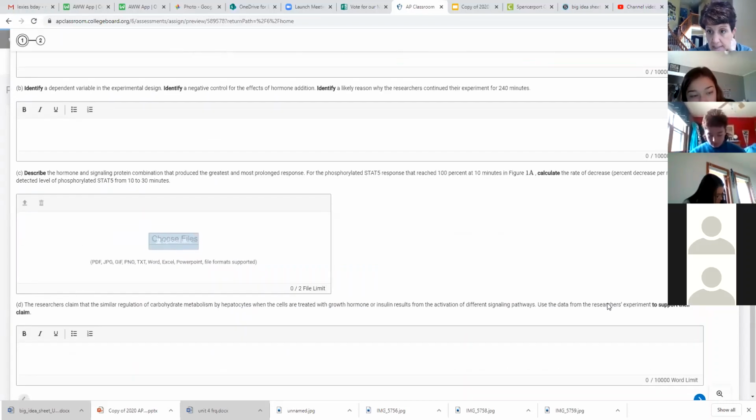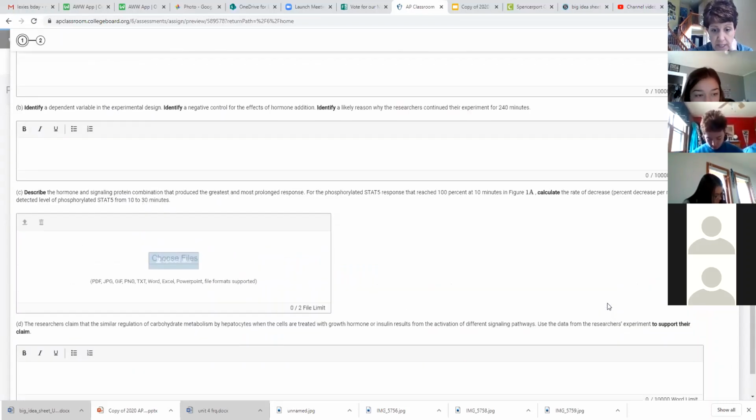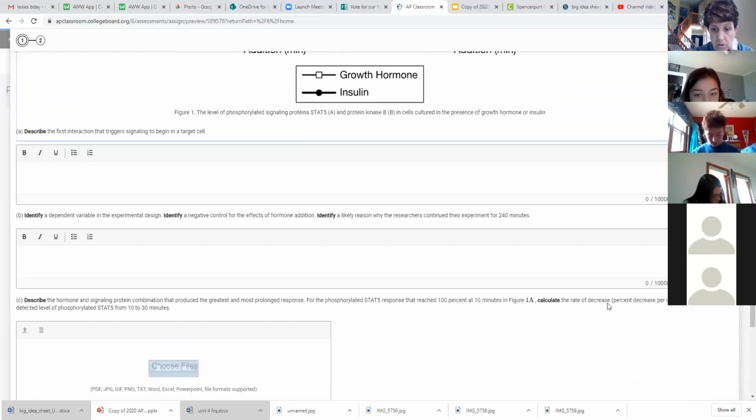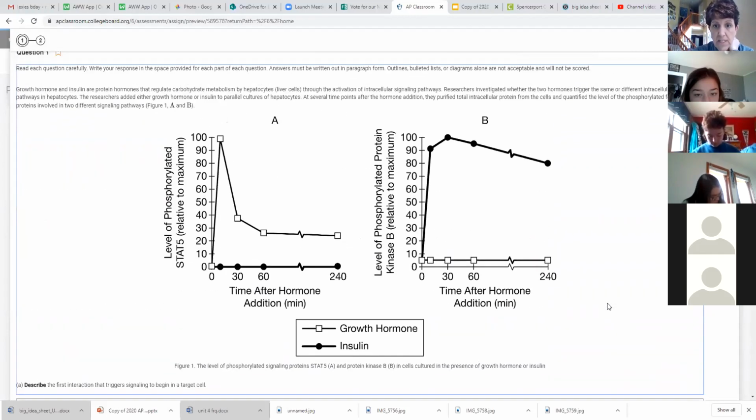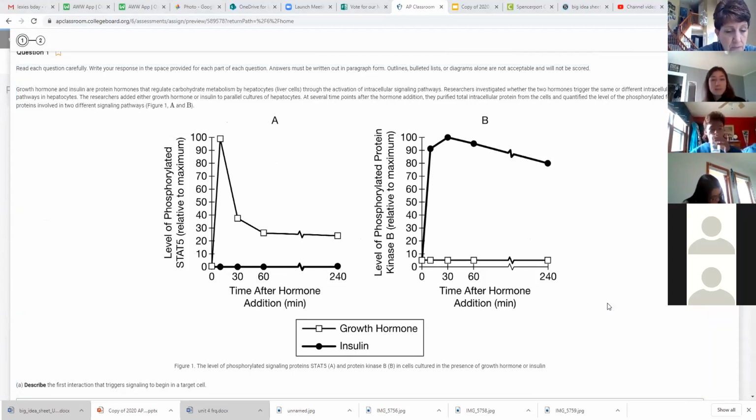Then the next one says, calculate the rate of decrease. Okay, so let me just hit this button so I can draw on the screen. So for A, it said minute 30 to minute 10.